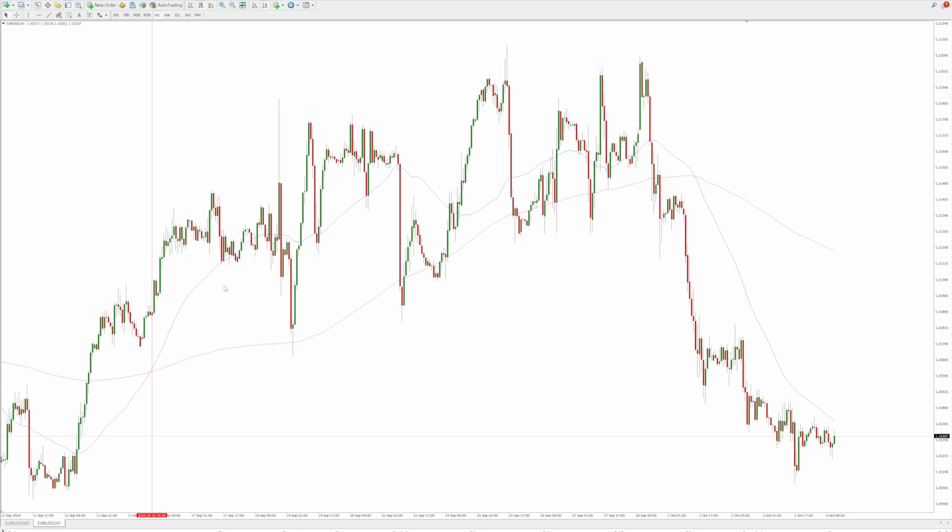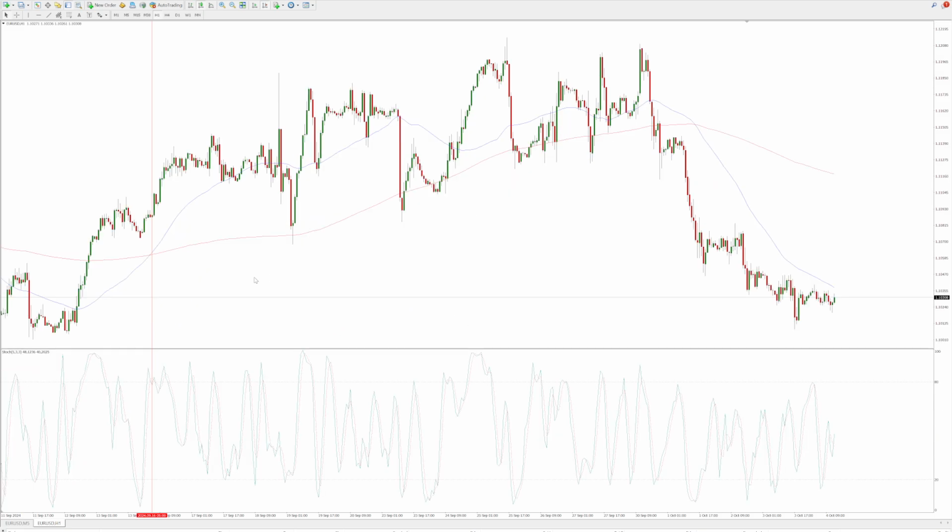Okay, so to filter trades on this golden cross here, I'm going to use a stochastic oscillator. So if we just put that on the chart with the default periods, 5, 3, 3, simple, okay.